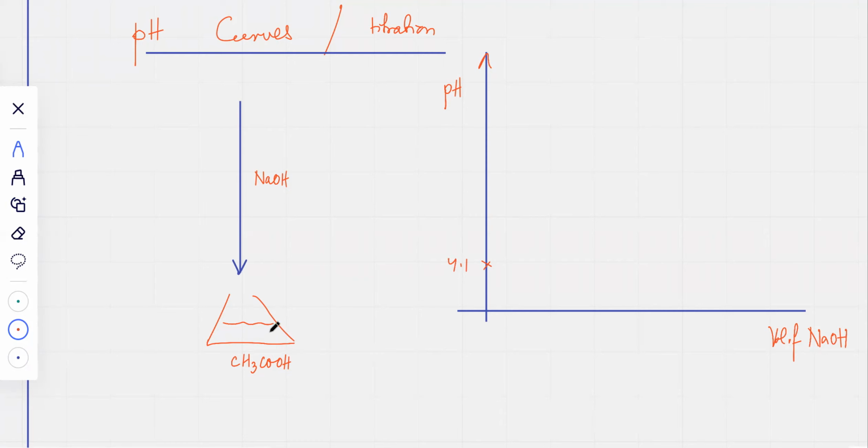And then there's going to come a point when you start adding NaOH, the ethanoic acid would start to react with NaOH, and it would start turning into a salt, and would also at the same time form water molecules as well. So there would come a point when all the ethanoic acid reacts. So that is when the pH would be neutral.